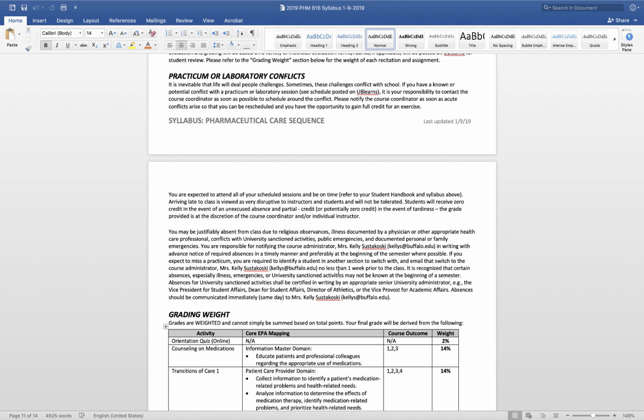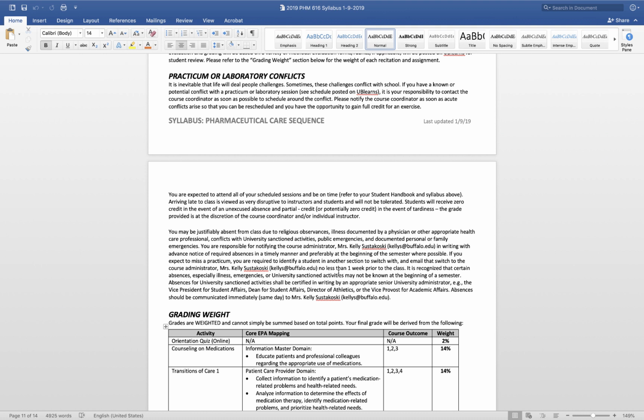I would like to call your attention to if you have any conflicts with the schedule or any conflicts with when your group is scheduled, you have to provide written documentation in order for this to be an actual excused absence, and those include things such as a medical emergency, a death in the family, or something else that is listed in the Omni syllabus.